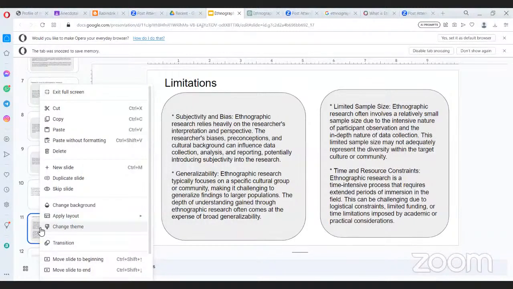Another limitation is generalizability. Ethnographic research typically focuses on a specific cultural group or community, making it challenging to generalize findings to larger populations. The depth of understanding gained through ethnographic research often comes at the expense of broad generalizability.